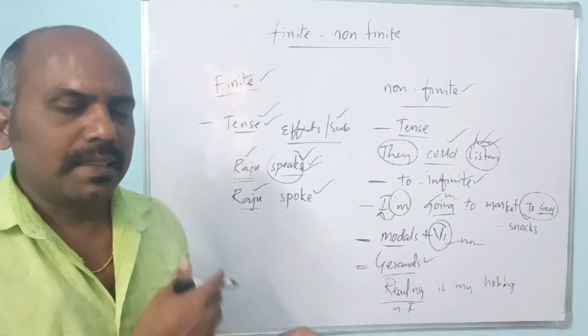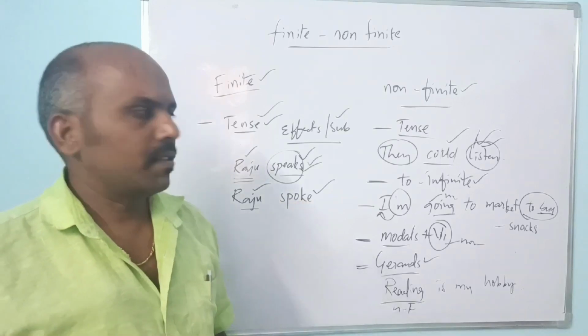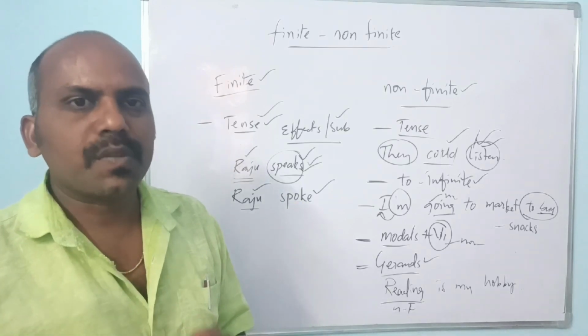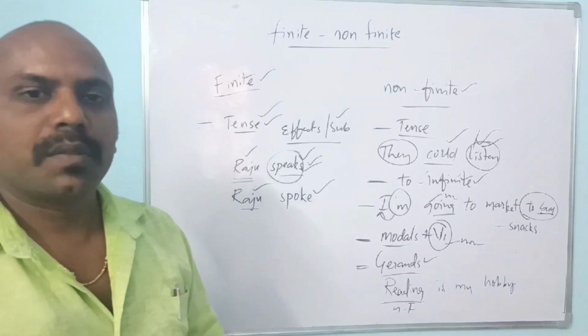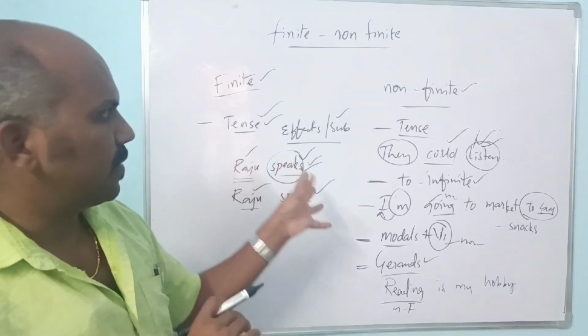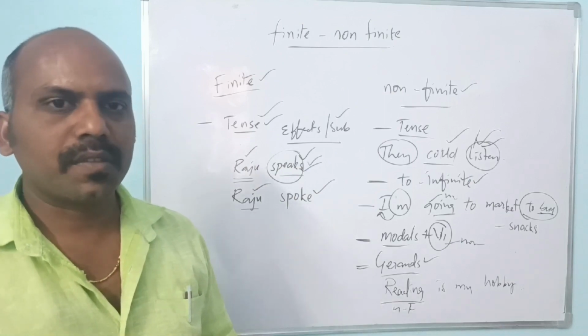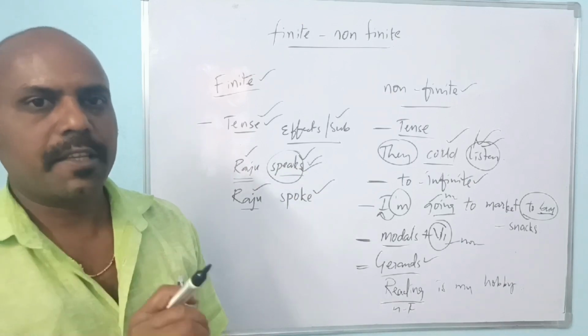Now it is easy to find in a sentence which verb comes under finite or non-finite. Hope you have understood the differences well. From now on, you have an idea.